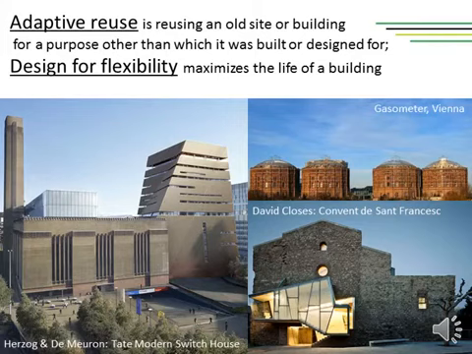And when designing anew, we should always design for flexibility and desirability to maximize the building life. All of these pictures are old structures reused for a new function from different parts of Europe. The picture on the left is Tate Modern Gallery in London, which with its latest annex was designed by Swiss architects Herzog de Meuron.